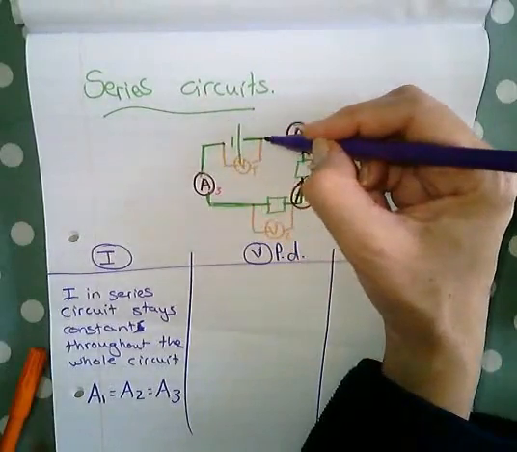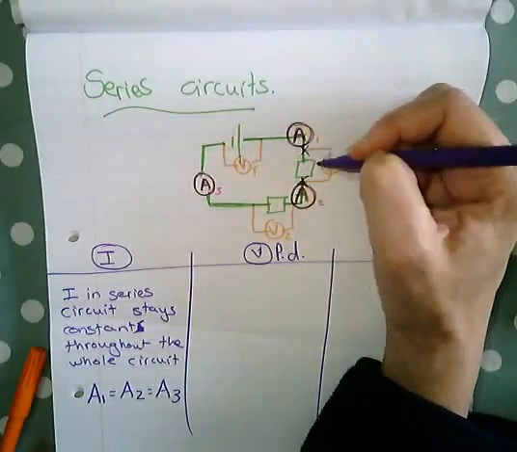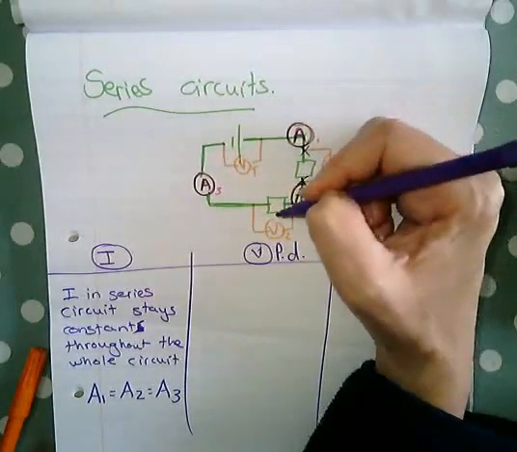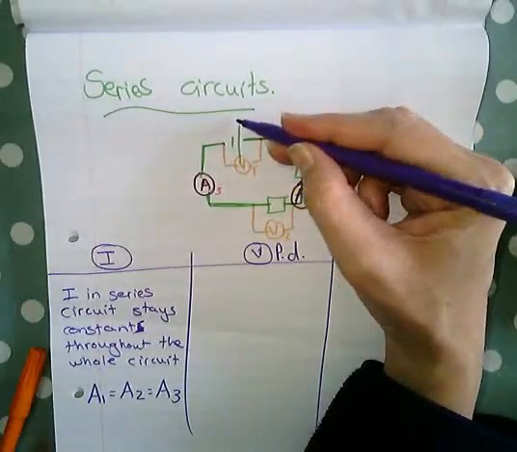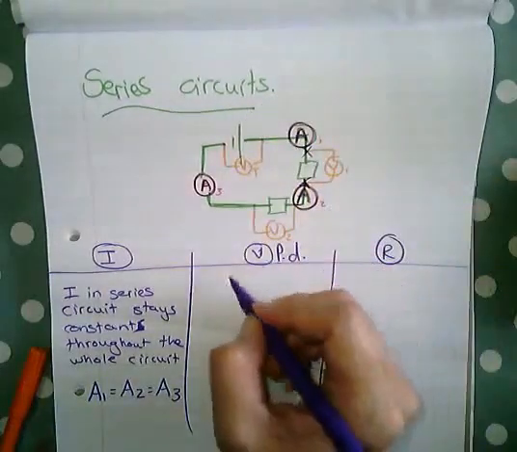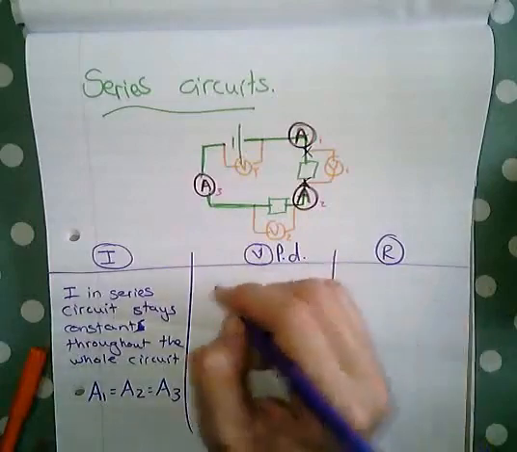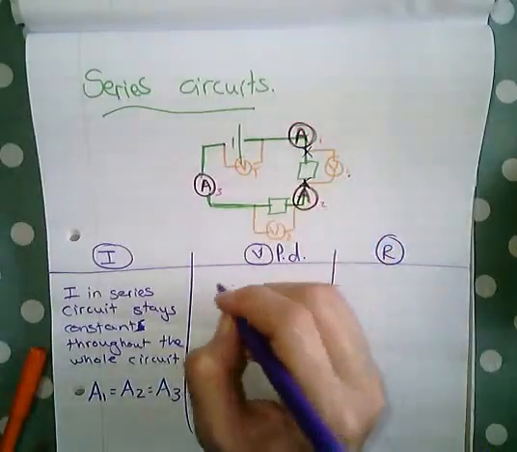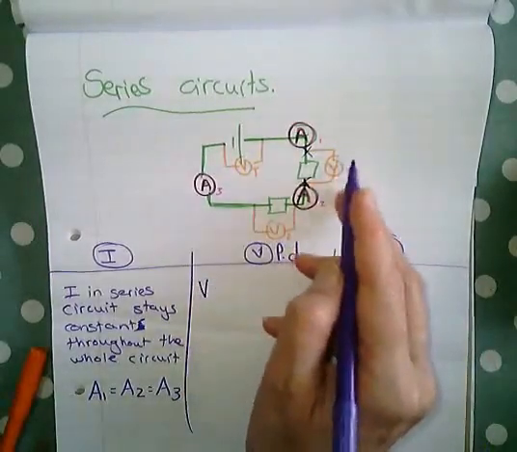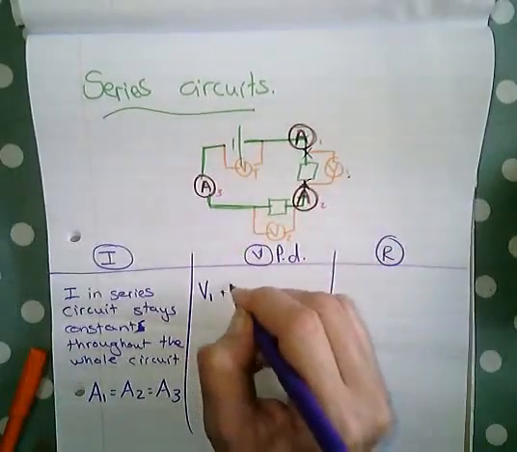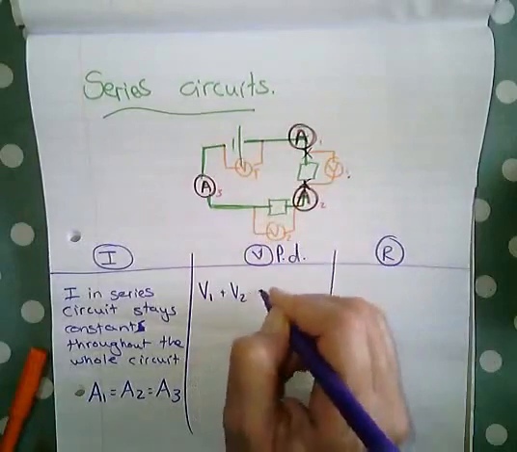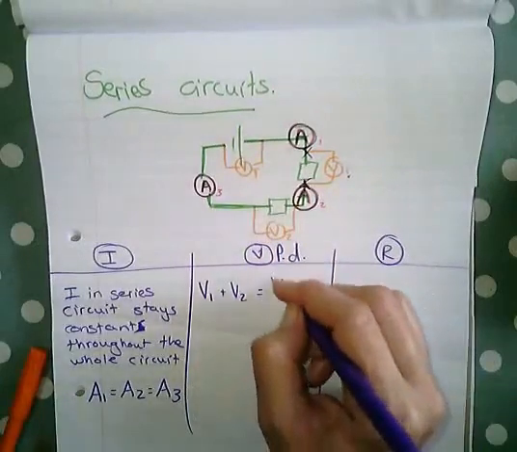That potential difference plus that potential difference is going to add up to that 5. So in a series circuit, if that's our voltmeter reading 1, then voltmeter reading 1 plus voltmeter reading 2 is going to add up to that terminal potential difference.